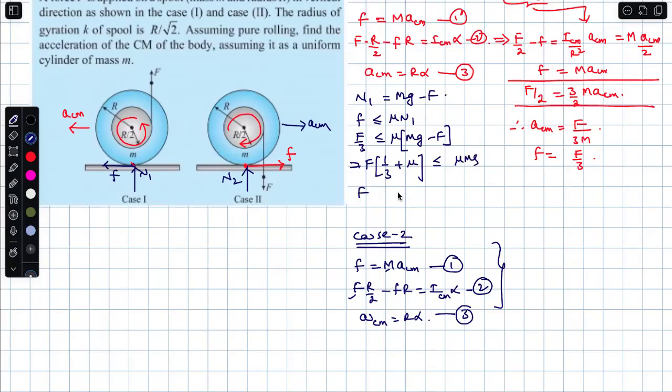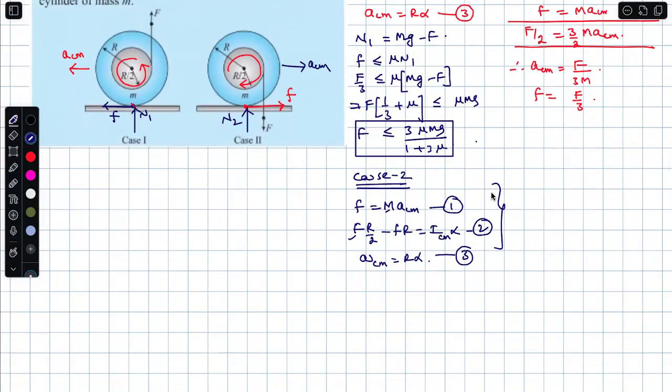So F must always be less than or equal to 3 mu mg by 1 plus 3 mu. That is the condition for F in that situation.